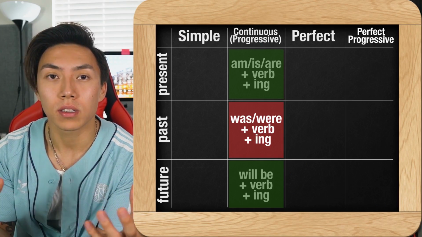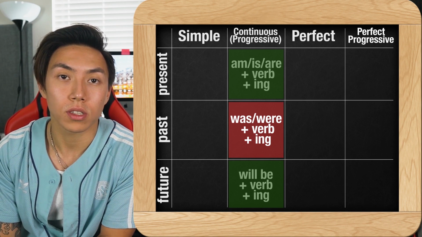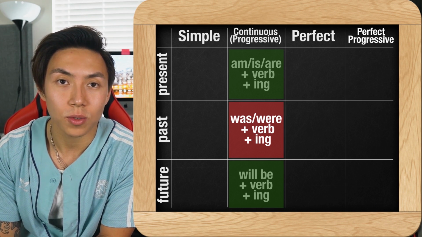That's the most popular way to use past progressive. So for example, I was showering when somebody rang the doorbell. Basically, the shower took me quite a bit of time before somebody rang the doorbell, so my long action got interrupted by a shorter one.